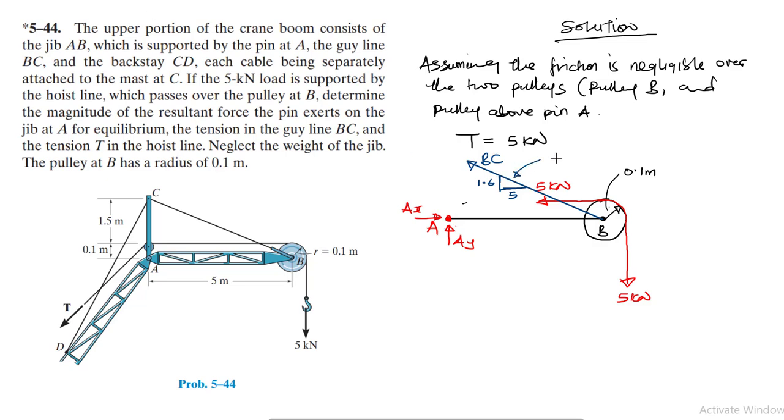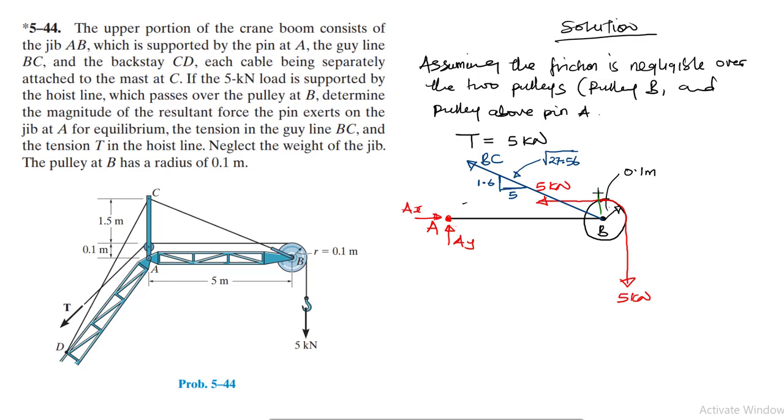Therefore the hypotenuse is going to be equal to, let me just add it up, root of 1.6 squared plus 1.6 squared plus 5 squared, which gives me root of 27.56.